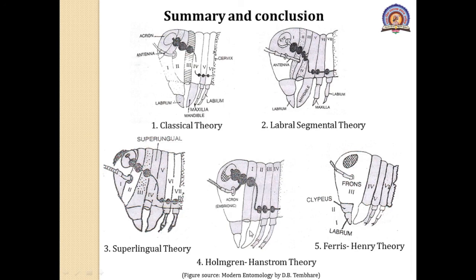So in this way, the Holmgren-Hamstone theory holds that the insect head is composed of only 4 segments.